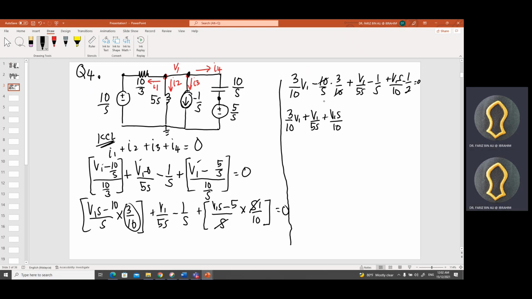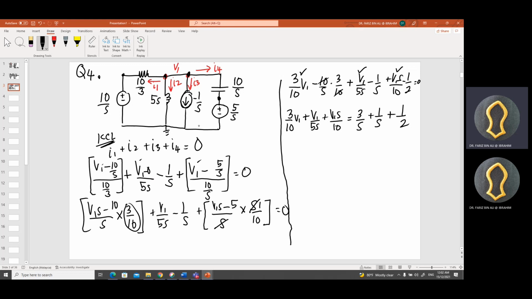Okay, that's all V1 that I have. This one V1, this V1, and this is V1. The rest, bring to the right hand side. Minus 3 over S, we bring to the right hand side, becomes positive, 3 over S plus 1 over S plus 1 over 2.